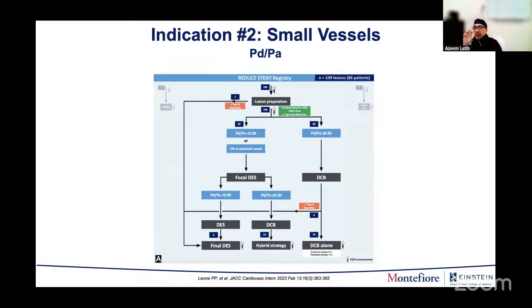I just think that with very calcified lesions, we don't know how well DCBs work, but in my humble opinion, looking at a lot of these data and seeing a lot of cases, you have to get good cracks or fractures of the calcium. So do the rota, but then go afterwards with a balloon, whether cutting or non-compliant, and really make sure you have fractures or breaks in the calcium so that the drug can get beyond the calcium.